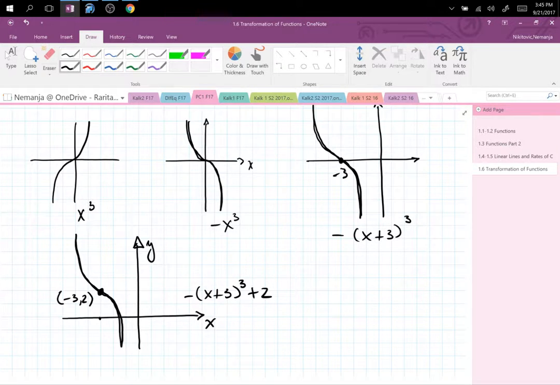But what I'm trying to bring across is that if x and the x shift are together, which is a horizontal shift, then minus goes right and plus goes left. If y and the y shift are on the same side, minus is up and plus is down. But because we put the plus 3 and all of that on the other side of the equation, it seems that plus is up and minus is down.